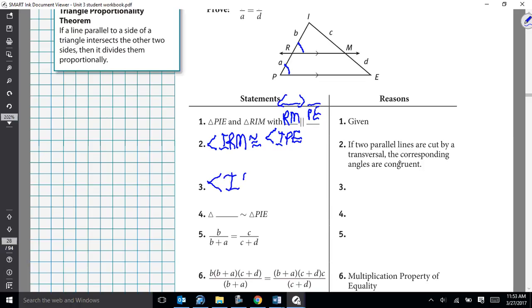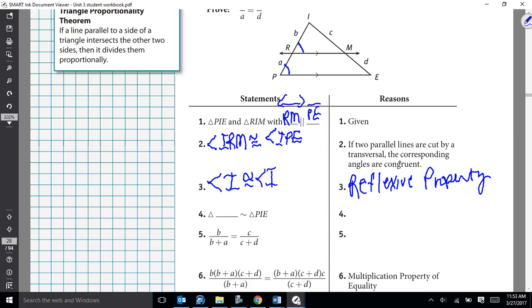So angle I is congruent to angle I, and our reason that we know that to be true? And then we already said the other one, the other pair of corresponding angles would also work.